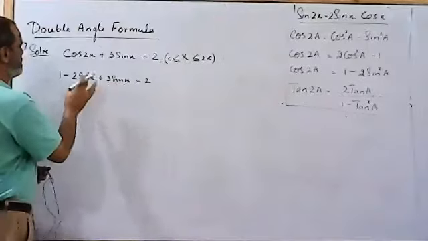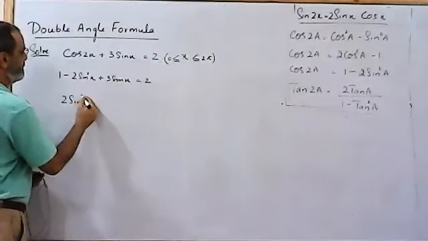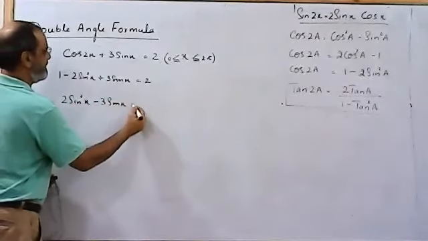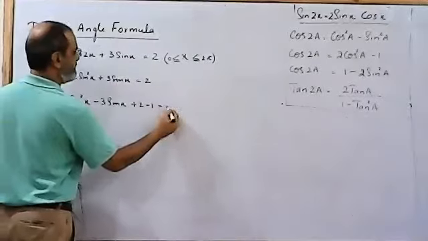Rearranging this equation, I'm going to shift all the terms to the other side. It becomes 2 sine square x minus 3 sine x plus 2 minus 1 is equal to 0.